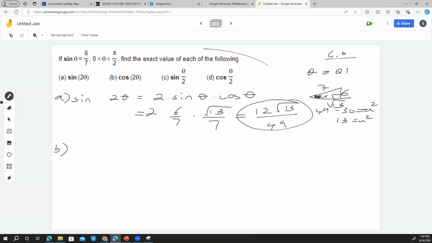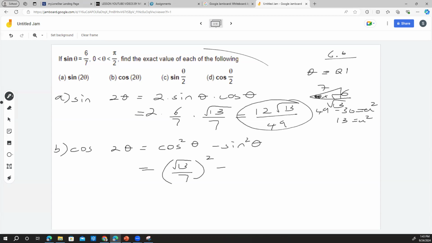Part B is asking for cosine of 2 theta, which can be calculated by 3 different formulas, but you can definitely use cosine squared theta minus sine squared theta. We already know that the cosine value of this angle is square root of 13 over 7, but we need to square this according to the formula.